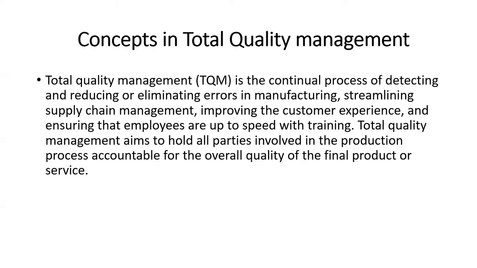We have to keep monitoring the supply chain and improve the customer experience by ensuring that the employees are providing the service in an effective, qualitative way. Okay, then total quality management aims to hold all parties involved in the production process accountable for the overall quality of the final product or services. The actual production department will be accountable for the final product or service which is dispatched to the customer.